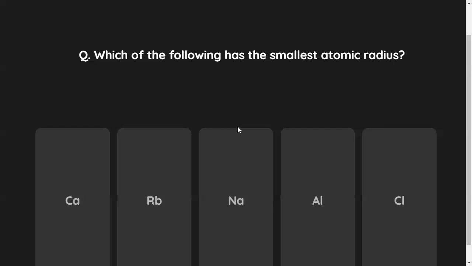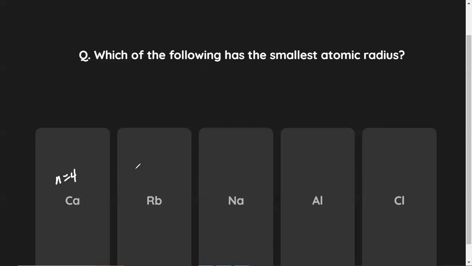Atomic radius, this is a relatively easy trend to follow along with. What we should be looking at first is, we want to look at energy levels, how many there are. Fewest is going to make the smallest, the largest is going to be the most. And then nuclear size, how many protons are in the nucleus. So for calcium, we're looking at 4 energy levels.